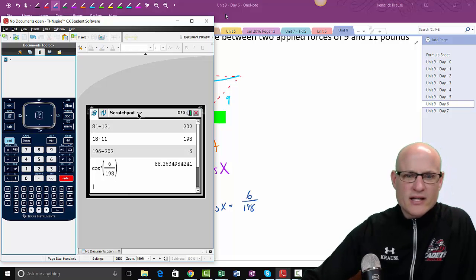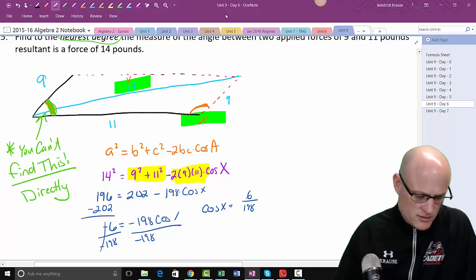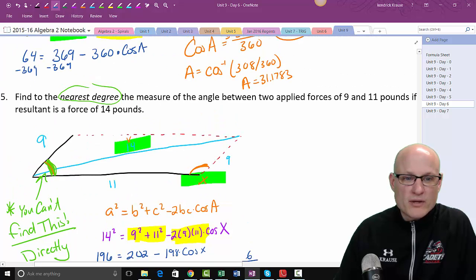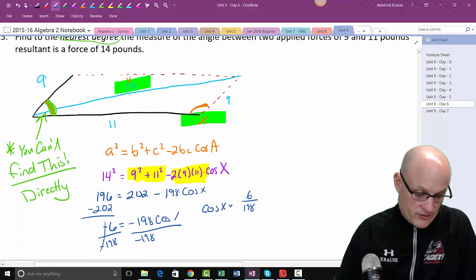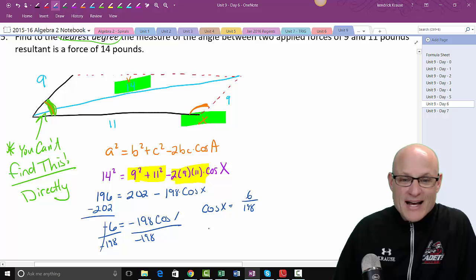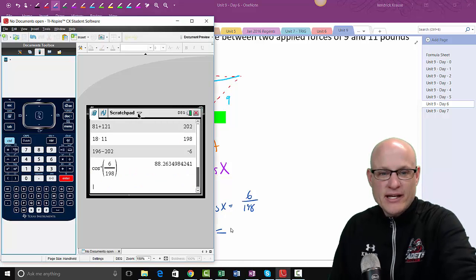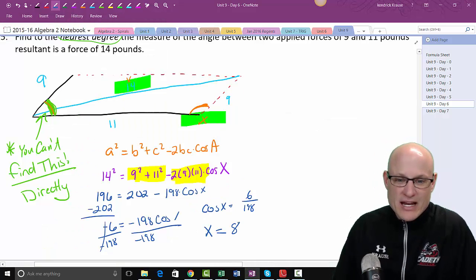Did I not write this down right? Oh, man, once again, I wrote down the wrong numbers in my own problem. It's 14 pounds, and I wrote 17 pounds. So x is equal to 88.26 degrees.